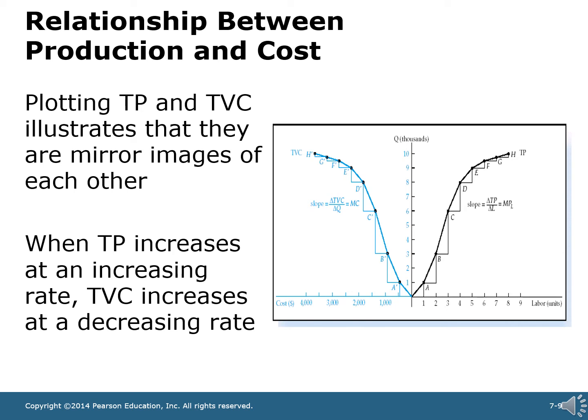But it basically is just to show you how they mirror each other and how at different points in the production process and at different levels of labor inputs that we're using, we're going to be experiencing costs going in the same way. Again, because our variable costs are going to be as a result of labor in our examples.